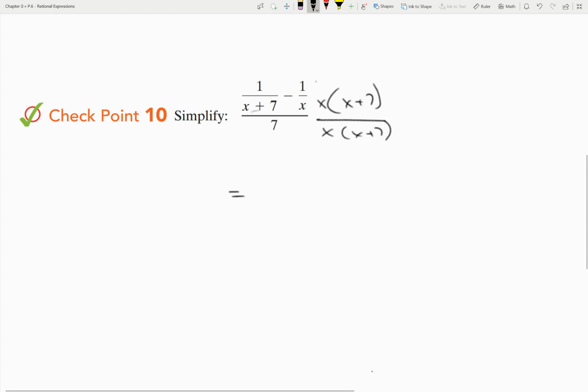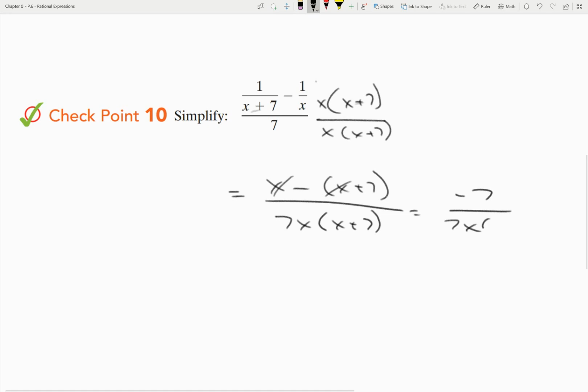And that cancels the x plus 7 there, and we're just left with x minus the x's cancel there, x plus 7 over, a little simpler when this is numbers, right? Because then these two cancel. We have a negative 7 over 7x times x plus 7 cancel, and we're left with a negative 1 over x times x plus 7, where x is not equal to 0 or negative 7.